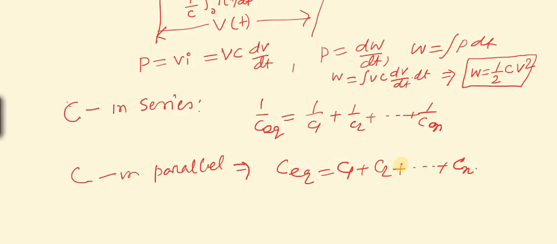So we have seen the passive elements: resistance, inductance and capacitance. Inductors and capacitors absorb energy for t greater than 0, and that energy returns to the source when the switch is off.